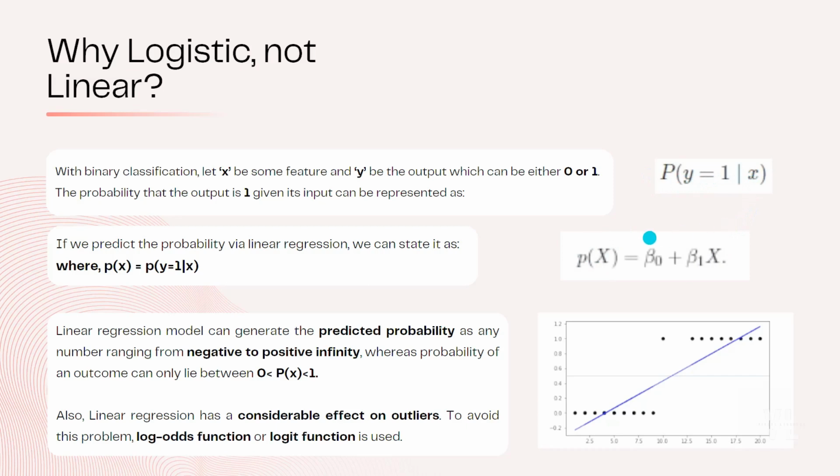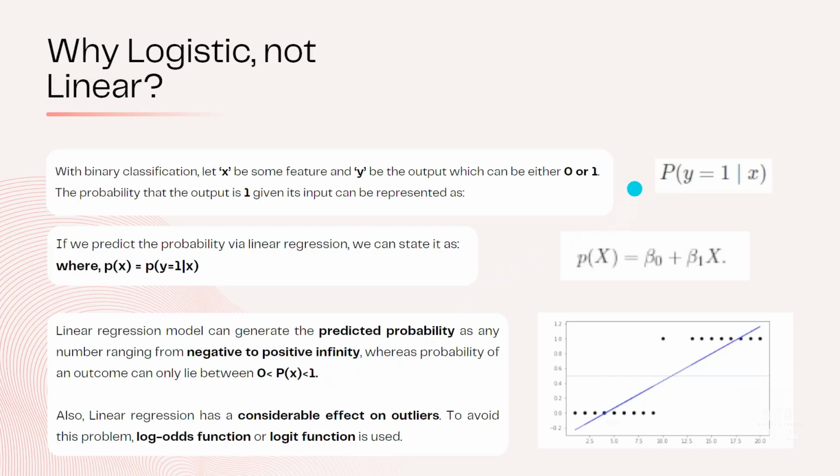If we want to answer the question why logistic and not linear, here we're using a linear equation in order to solve a classification problem. So if we want to use linear regression to solve this kind of problem, it can generate the predicted probability as any number ranging from negative to positive infinity, whereas the probability of an outcome can only lie between 0 and 1.